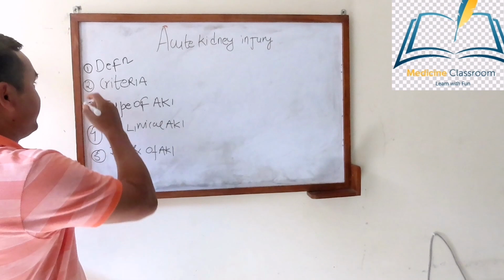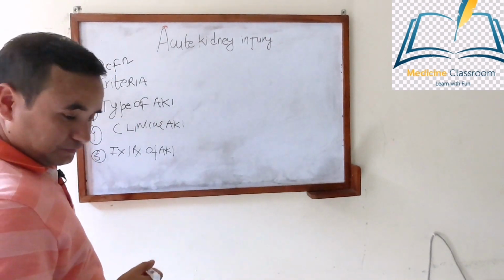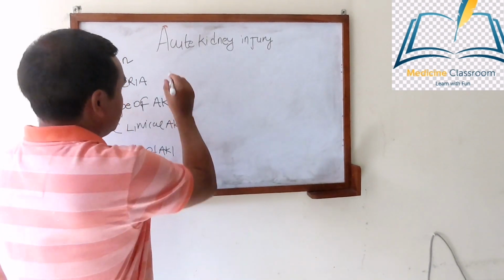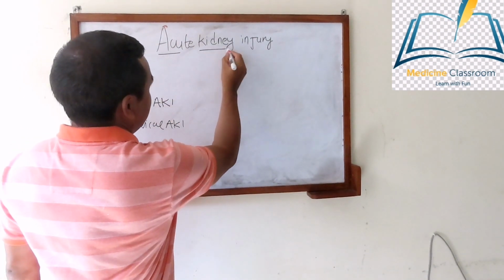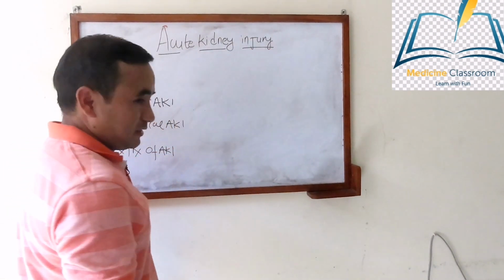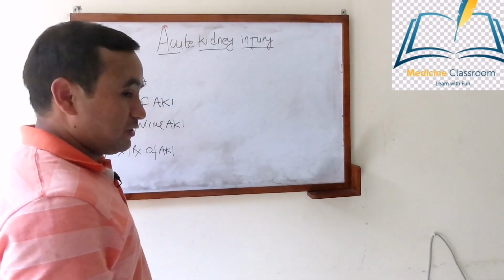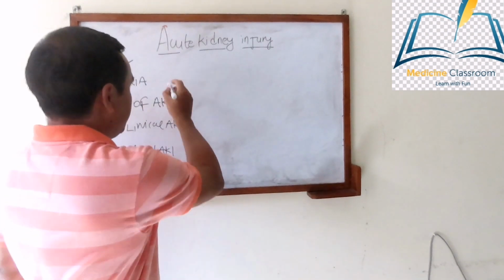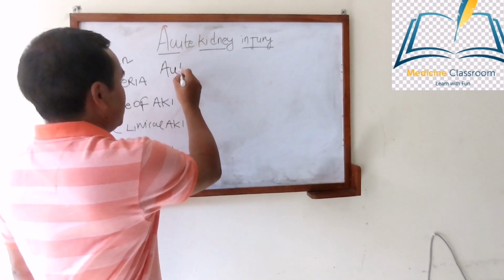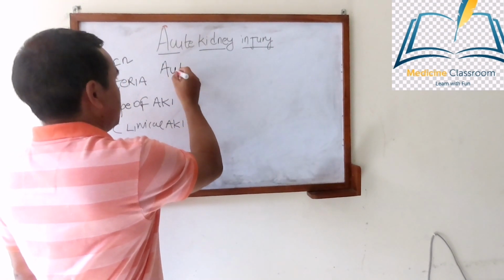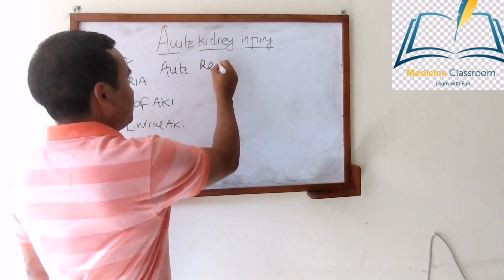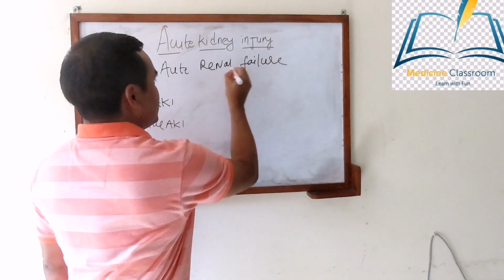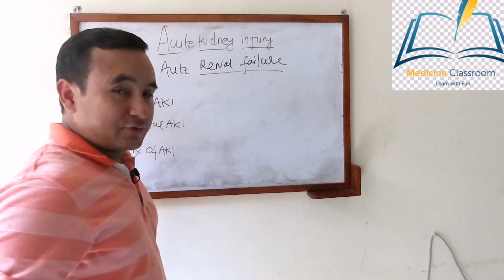So what is the definition of AKI? Before going to the definition, why is it called acute, why is it called kidney, and why is it called injury? Previously the term acute renal failure was used, but now it is acute kidney injury.